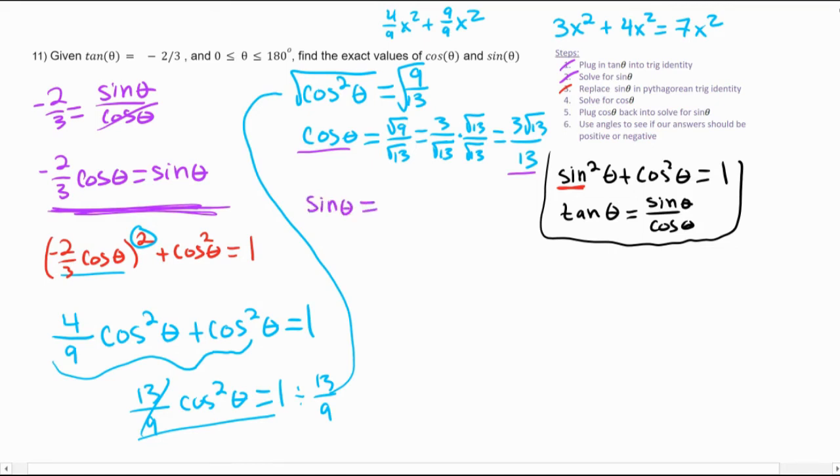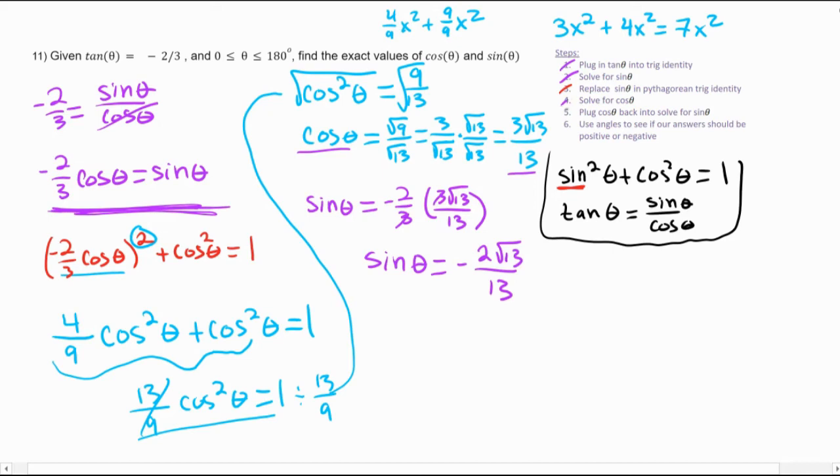Sine of theta equals negative 2/3 times cosine of theta, which I know is 3 root 13 over 13. If I multiply these together, the 3's cancel out, and I get sine of theta equals negative 2 root 13 over 13. I'm one step away.